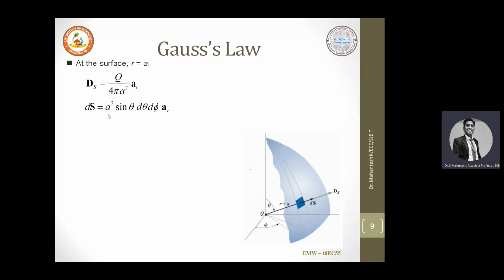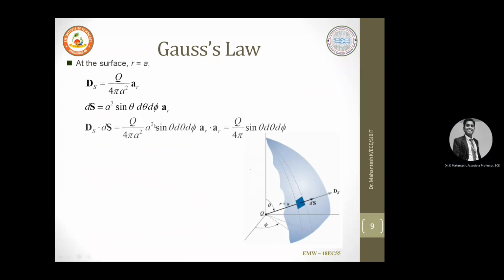So r is equal to a, and therefore the differential surface dS equals a squared sine theta d theta d phi in the direction a_r. Now taking the dot product, D dot dS equals Q by 4 pi a squared times a squared sine theta d theta d phi, a_r dot a_r, which is equal to 1. So the remaining variables are Q by 4 pi sine theta d theta d phi.